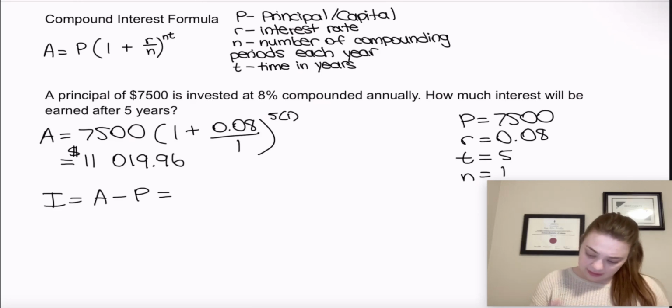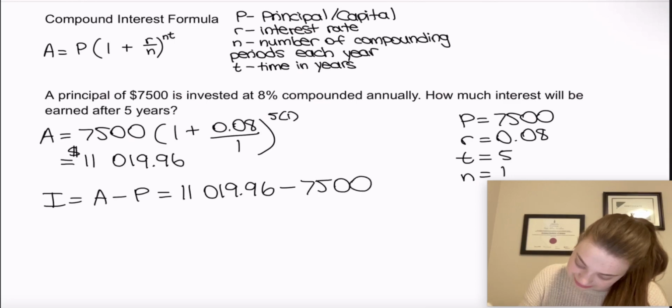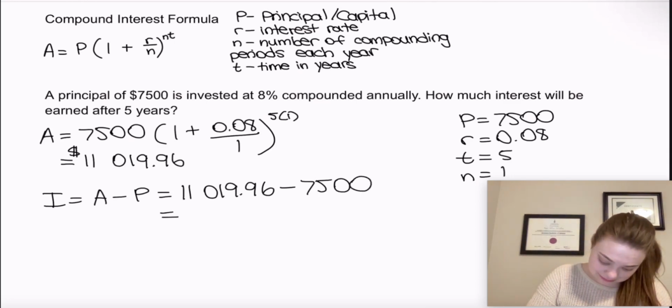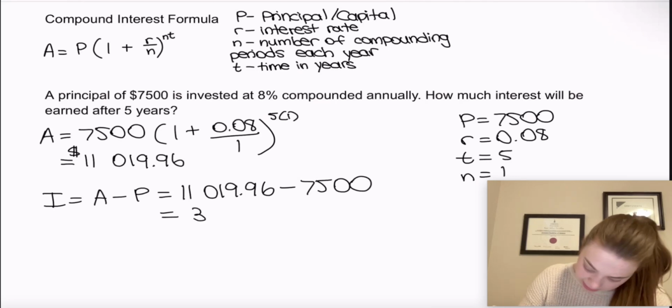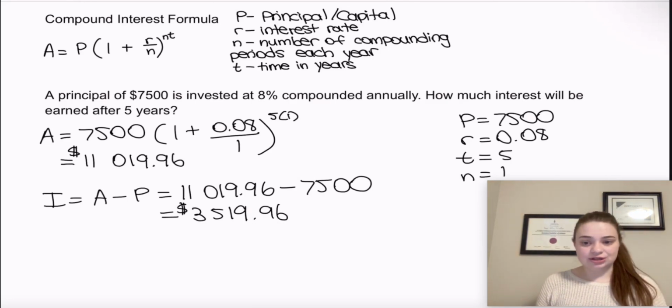So therefore, this is going to be $11,019.96 minus 7,500, which is going to be $3,519.96. So therefore, the amount that was earned in interest in those 5 years was $3,519.96.